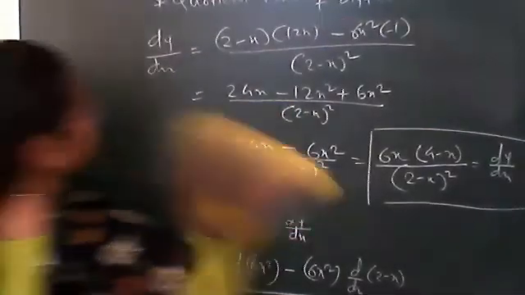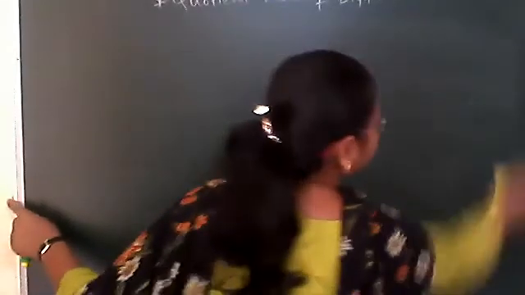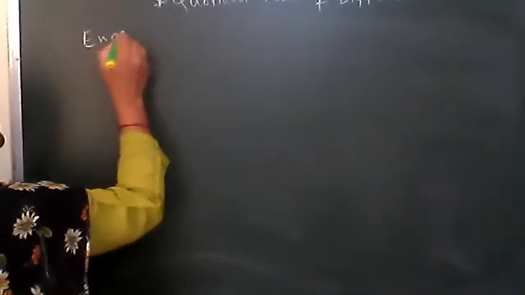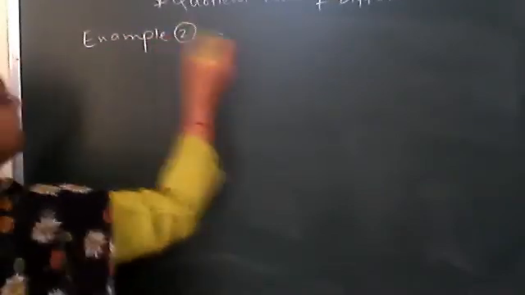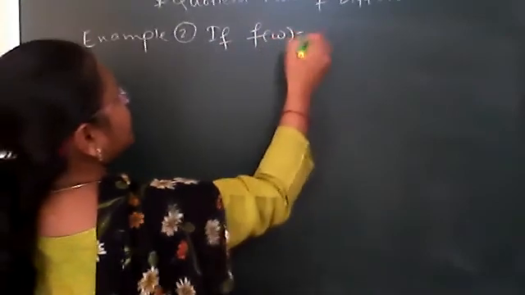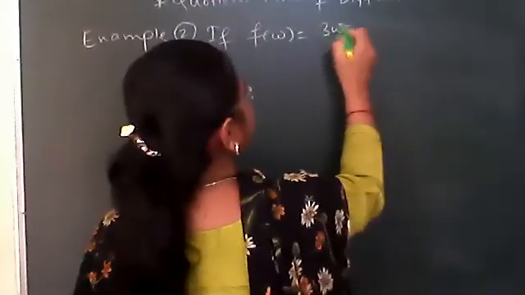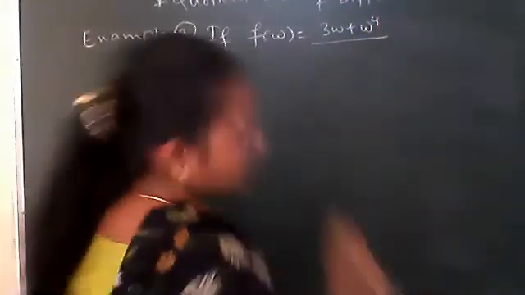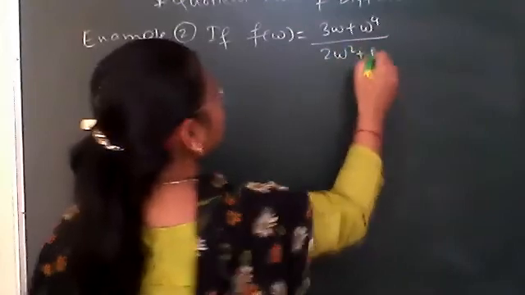Second example. Now we can change the variable also here. The second function is given in the variable w. Example second: if f of w is equals to 3 times w plus w raised to 4 whole thing divided by 2 times w square plus 1.